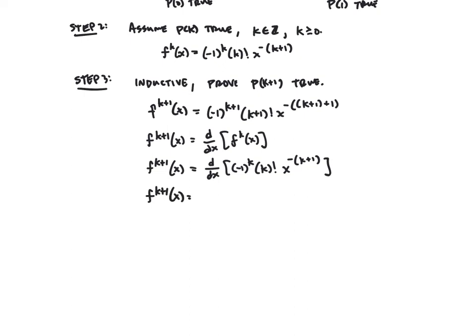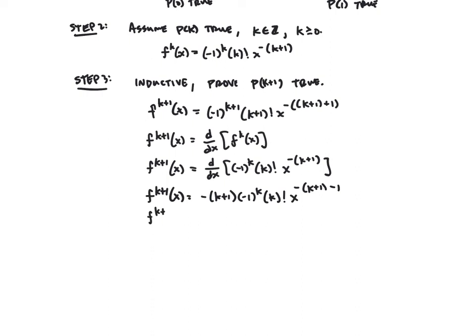is equal to the derivative of the following. Well, all that would be is negative k plus 1. I bring the power down in front. Negative 1 to the k, excuse me, got ahead of myself. K factorial. X to the negative k plus 1. With the power rule, we always take away 1 from the power.